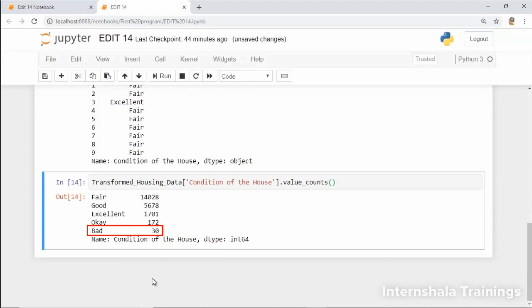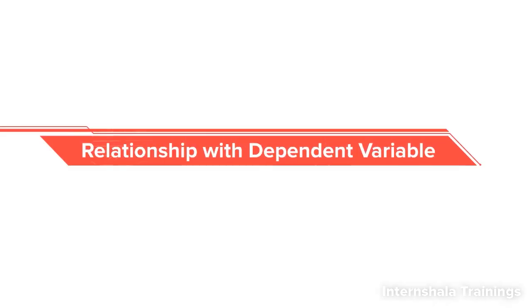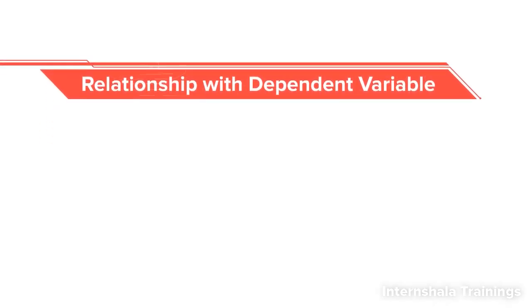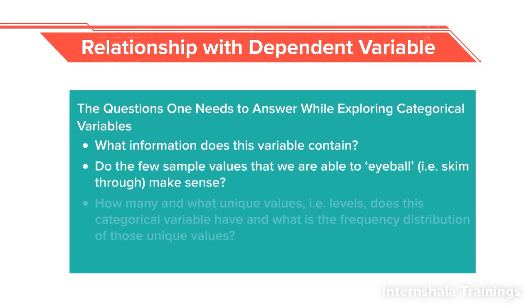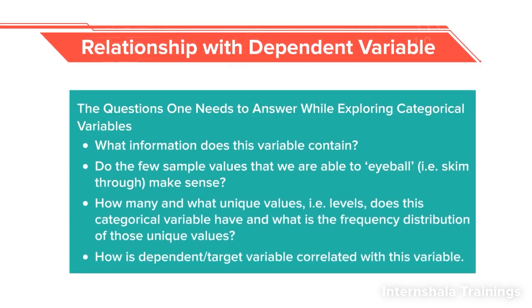Next, we want to find out if there is any relationship between the categorical variable and the target variable. That is, how does the target variable change with the change in values or levels of the categorical variable? We would first try to see this visually and then mathematically.